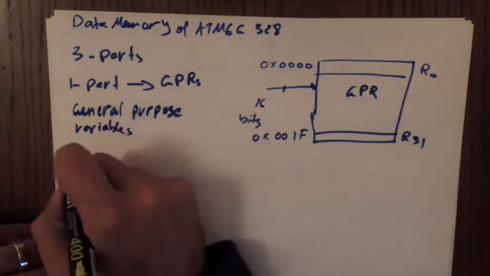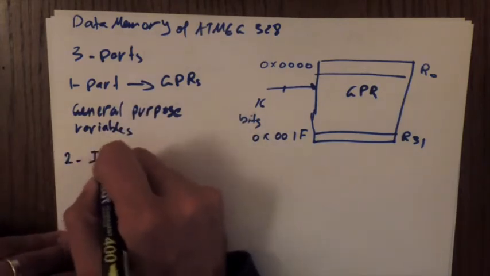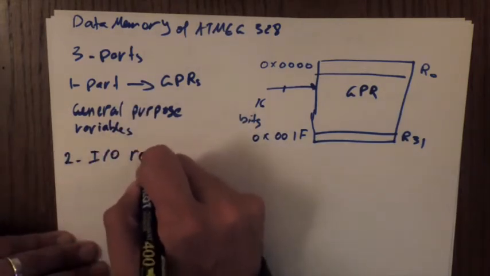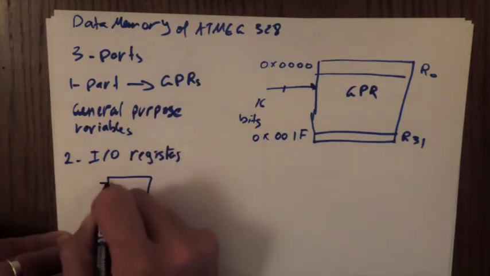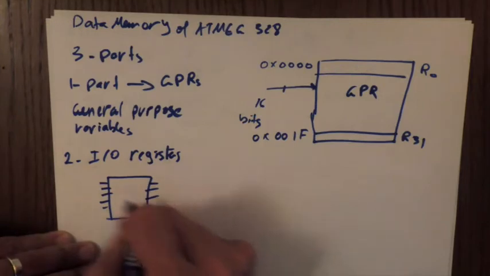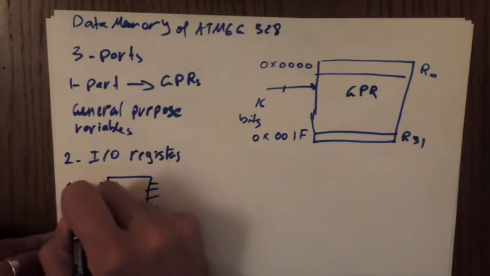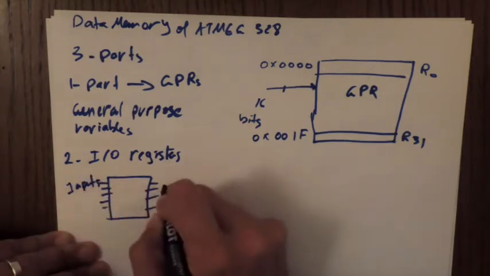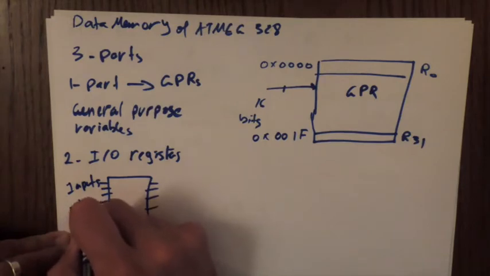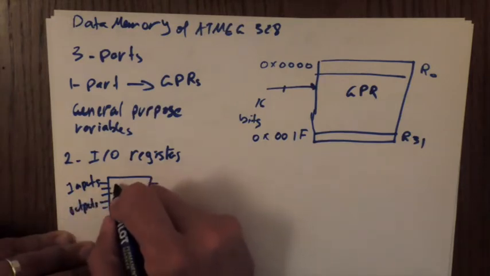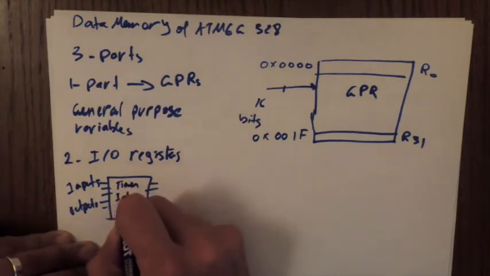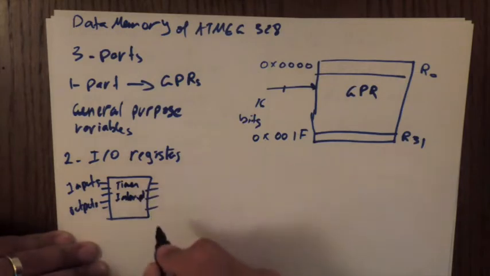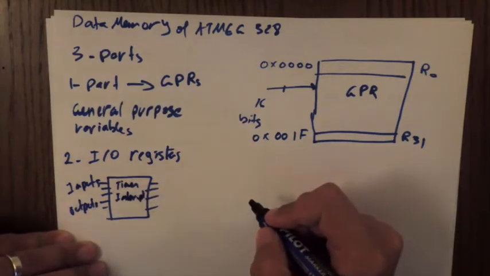The second part is the I/O, the input-output registers. As we know, all microcontrollers have inputs and outputs, and have some special registers with special functionality, like a timer, like an interrupt, all of these special functionalities.